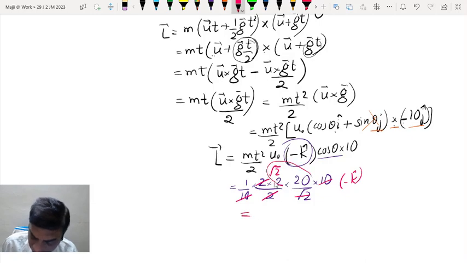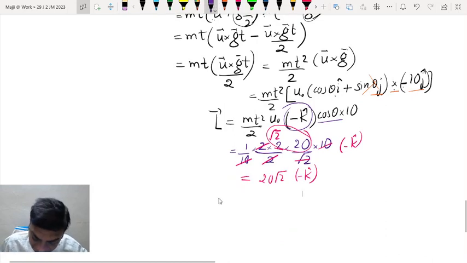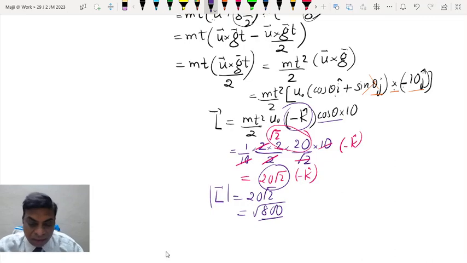So you are left with 20 root 2. So 20 root 2 into minus k cap. Minus k cap gives you an idea regarding the direction, don't worry. If you are interested only in the magnitude, just pick this value, that's all. So this 20 root 2 can be written as root over 800. So 800 is the answer.